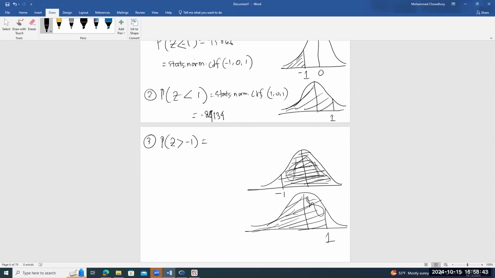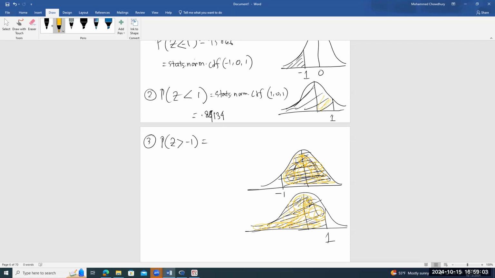Okay? So I am finding this area now, which is exactly equal to that area.